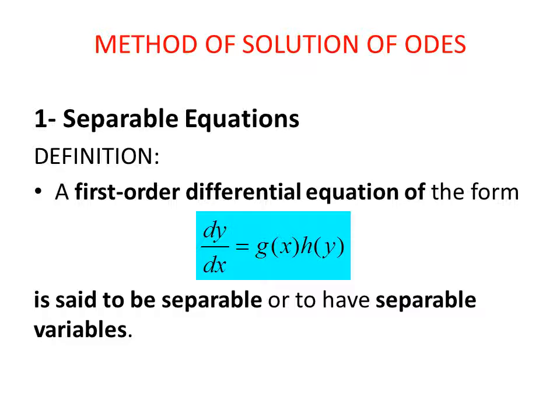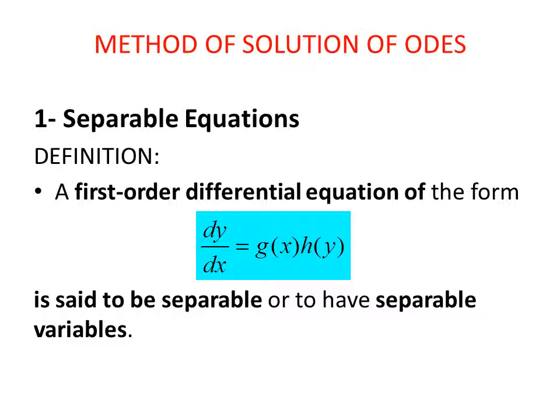Definition: a first order differential equation of the form dy by dx is equal to g of x times h of y, meaning g is a function of x, h is a function of y, and they are multiplied, is said to be separable or to have separable variables.